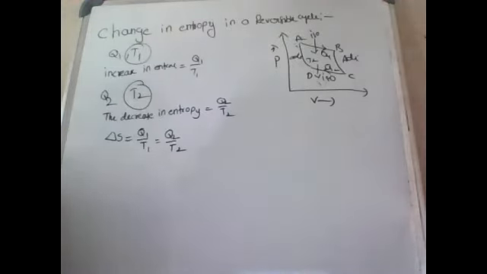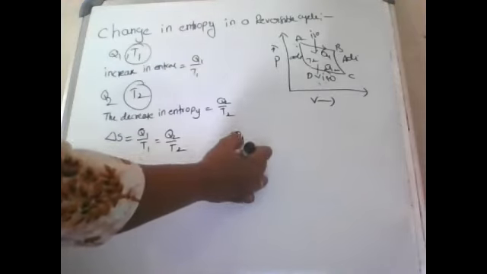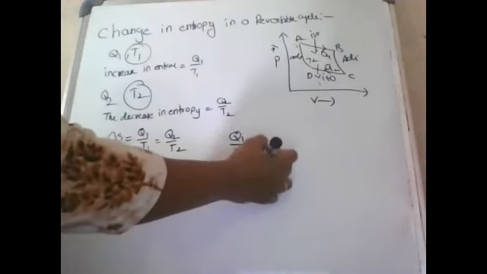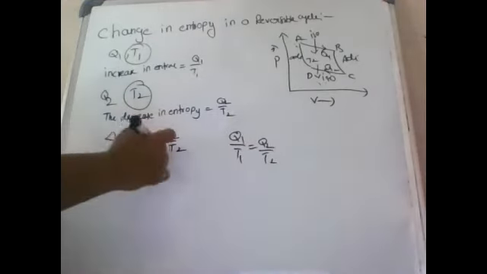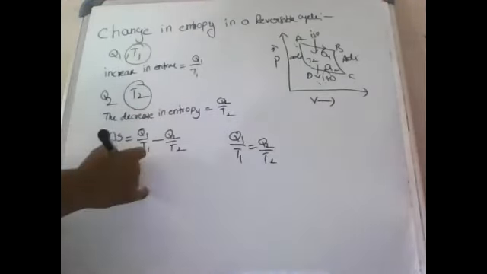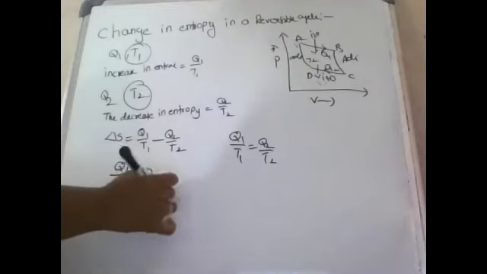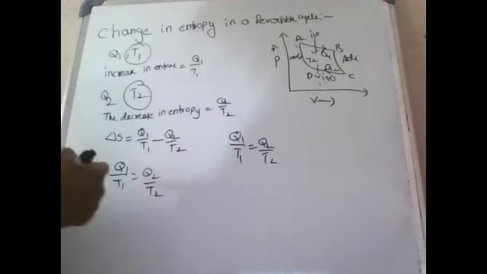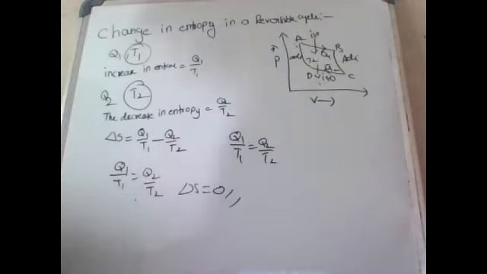Already we know that by the definition of the Kelvin scale, Q1 by T1 equals Q2 by T2. So from this equation, delta S equals 0.